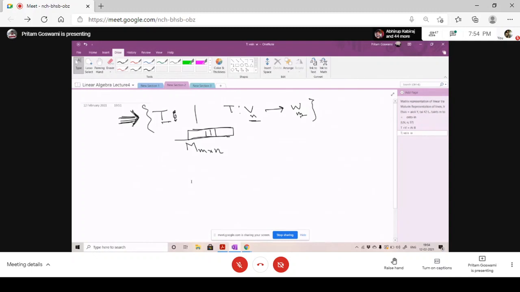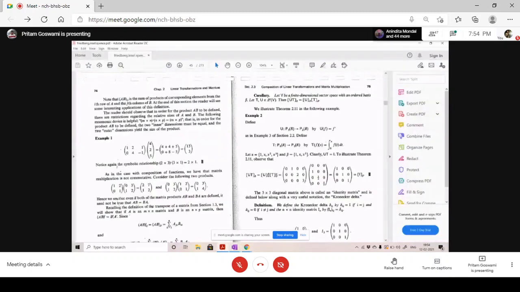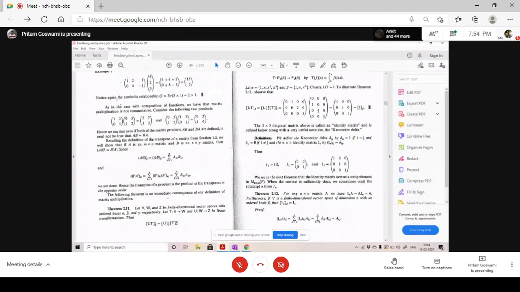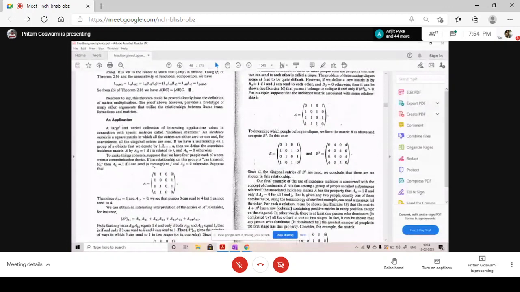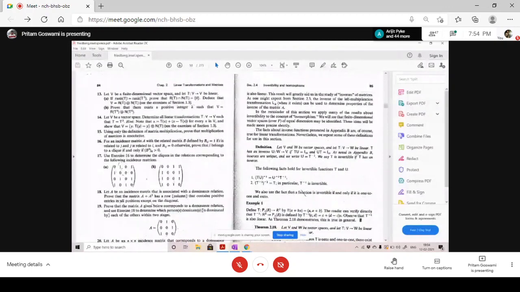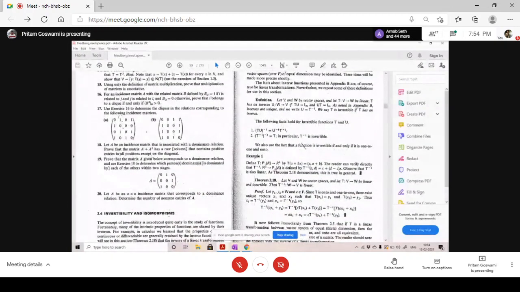Clear? Yes, sir. So the term you heard, the rank of a matrix, we have defined today, after so long a time. In the next class, I will be teaching you how to calculate the ranks and all. There is a thing called row operations in matrices.